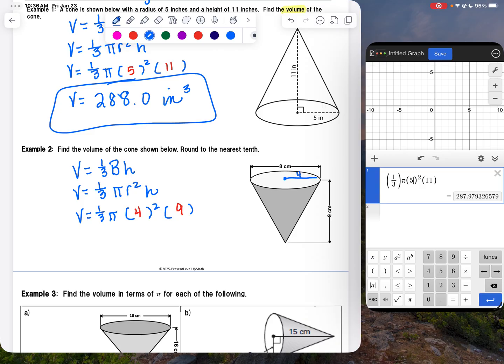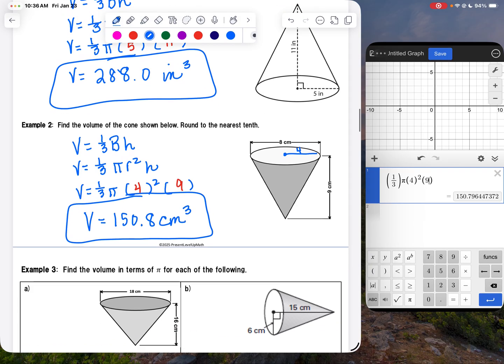I'm going to change this 5 to a 4, and I'm going to change this 11 to a 9. So 1/3 pi times 4 squared times 9. They want us to round to the nearest tenth. So the volume is 150.8 cubic centimeters.